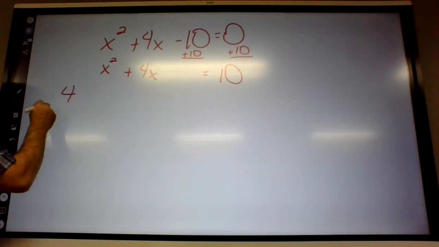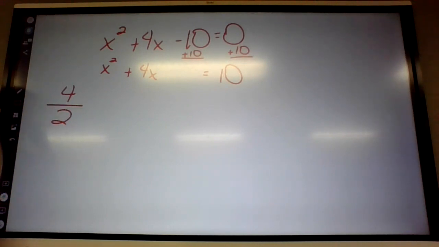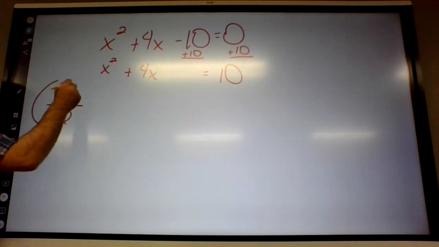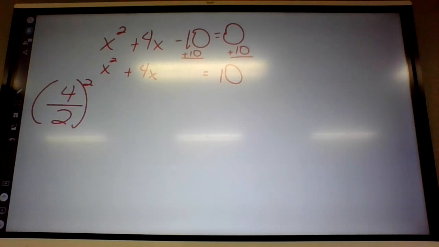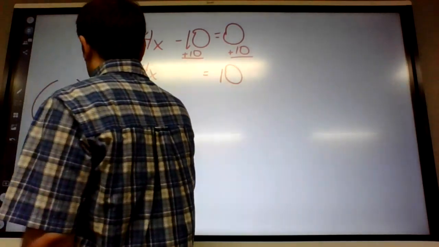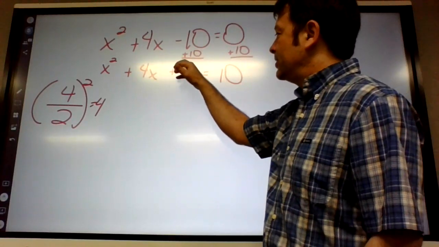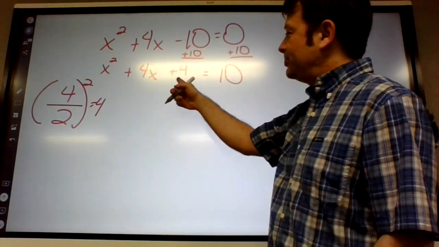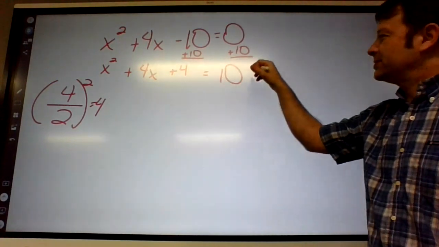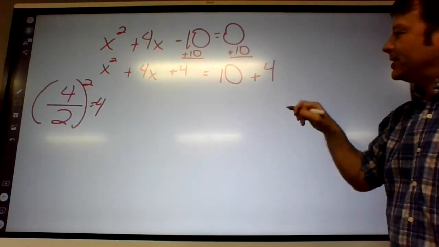You divide it by 2, and then you square it. Okay, what's 4 divided by 2? 2. Squared? 4. Okay. So what we're going to do is add 4 over here. And if you add it to one side, guess what? To keep it equal, you have to add it to the other side.